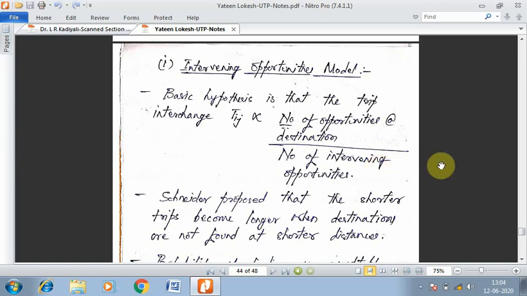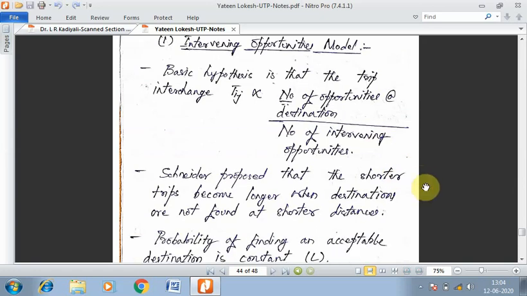So Schinder proposed that the shorter trips become longer when the destinations are not found at shorter distances. I repeat, this is a very important sentence. The person who developed this particular opportunity model proposed that the shorter trip becomes longer when the destinations are not found at shorter distances.